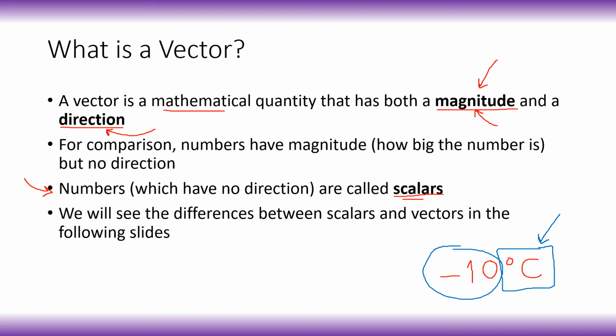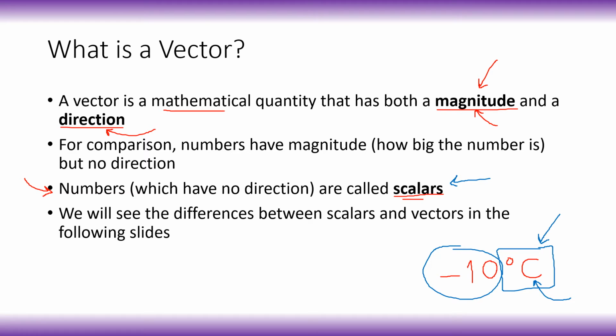If I'm facing north and it's minus 10 degrees where I am, if I turn around and face south, it's still minus 10 degrees where I am. So temperature is an example of something that doesn't care about direction, so it's a scalar, but it has units. It has this stuff attached to the number.